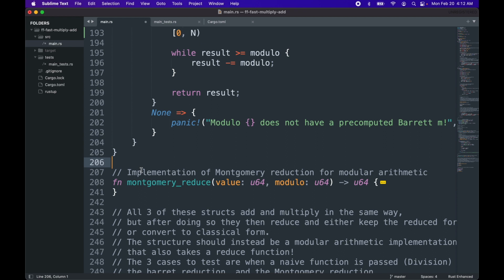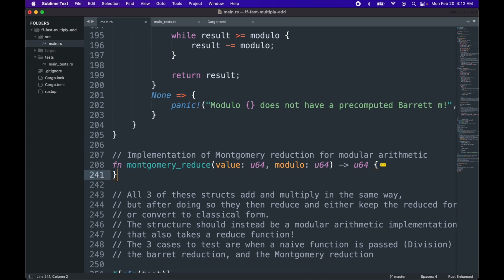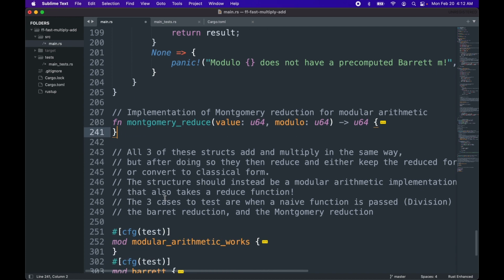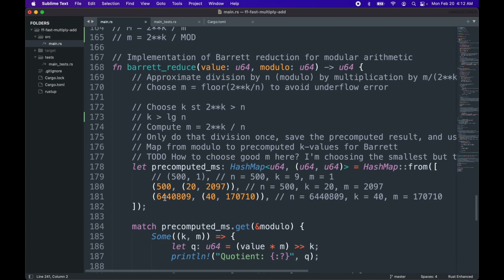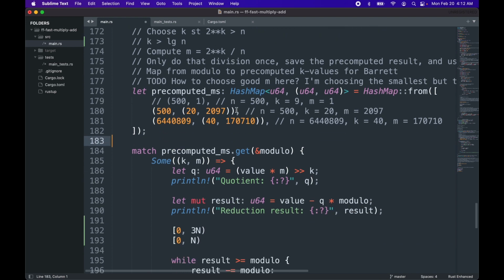So the Montgomery, I did not fully understand and did not implement, but possibly I will return to this and finish that up. At the very least, I'd like to understand better why Montgomery reduction works. The Barrett reduction feels pretty, like even when it's just presented in 20 minutes, this sort of makes sense, right?